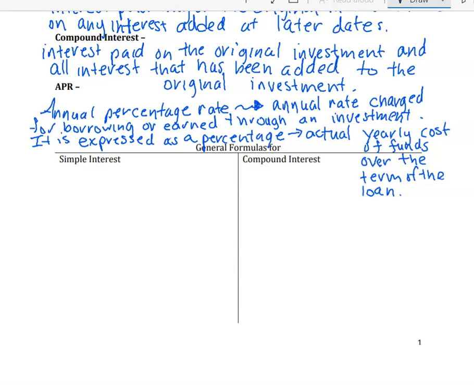The formula is A is equal to P times I times N plus P. A represents the accumulated balance.